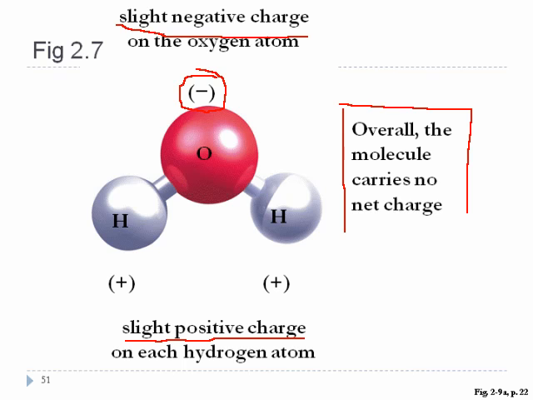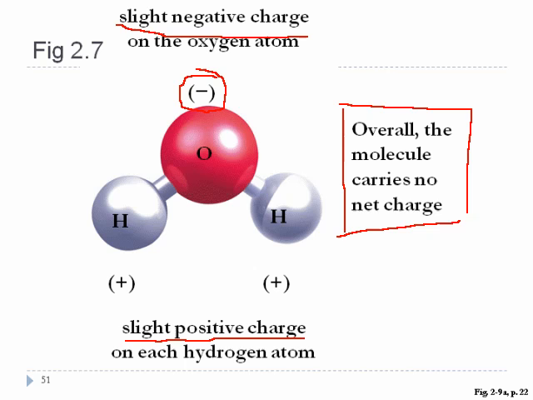Now, overall, this molecule is neutral. Overall, we will have the same number of electrons and protons. But we're not talking about number, we're talking about the distribution. And they will be more likely to be found around oxygen than around either of the hydrogen atoms.